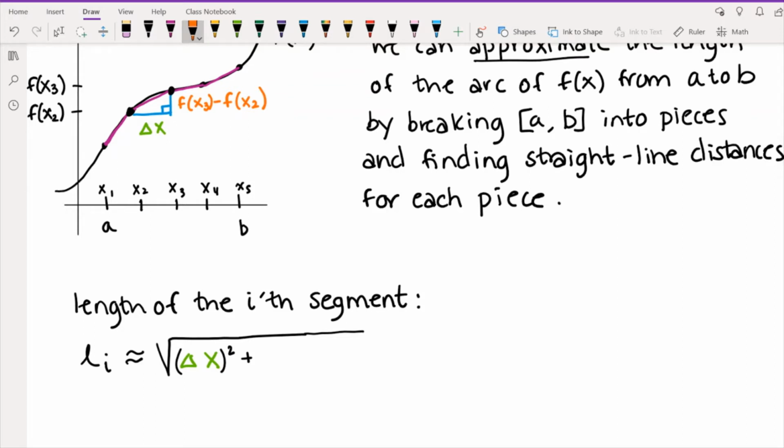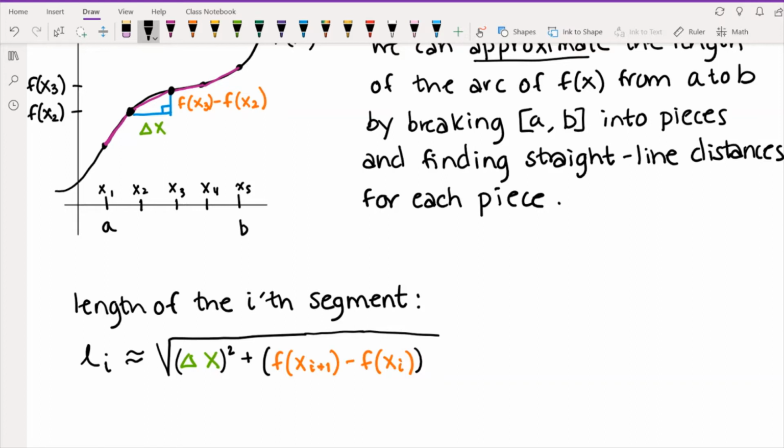So it's basically saying you have some segment you're looking at, for example x3 and x2, or x4 and x3. It doesn't really matter. You're just looking at some adjacent y values. Okay, does this make sense so far? This is just coming from basically the Pythagorean theorem.